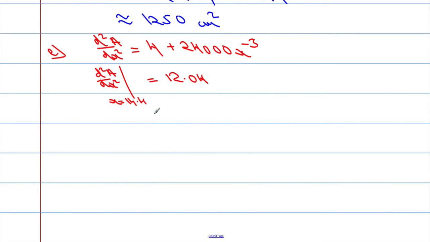And as 12.04 is greater than 0, that implies the point is a minimum. Or the value is a minimum, should I say.